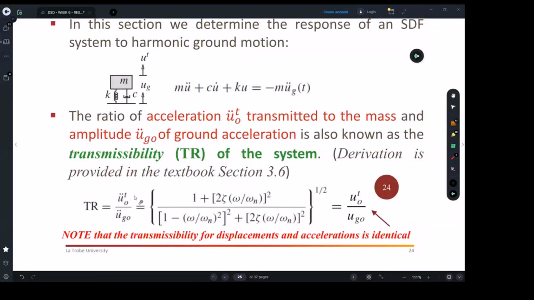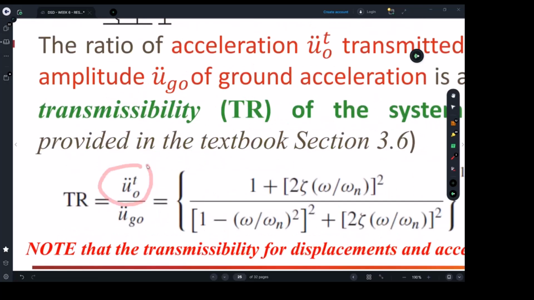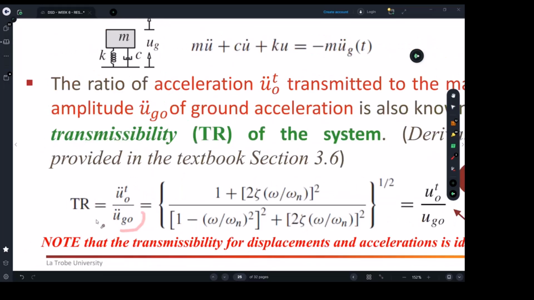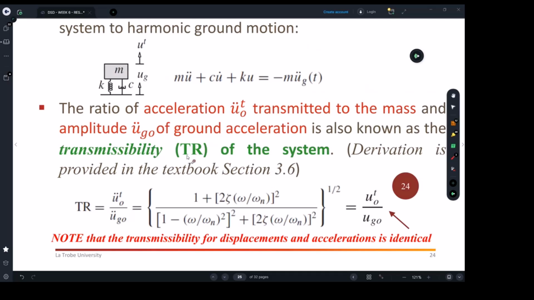In this case, the transmissibility ratio is basically between the acceleration we're having on the structure over the acceleration we're having from the ground. So while the ground is bumpy, while the bridge is actually curving, that will cause its own ground acceleration, which is defined as U double dot g0.